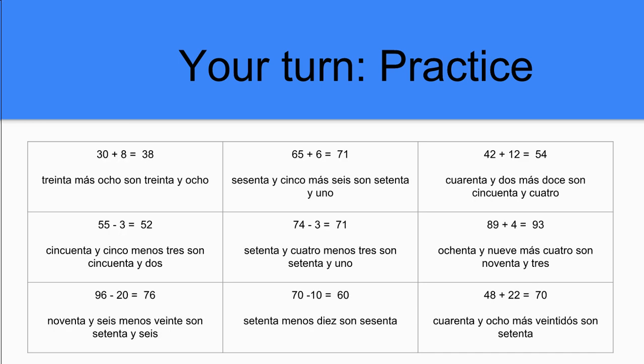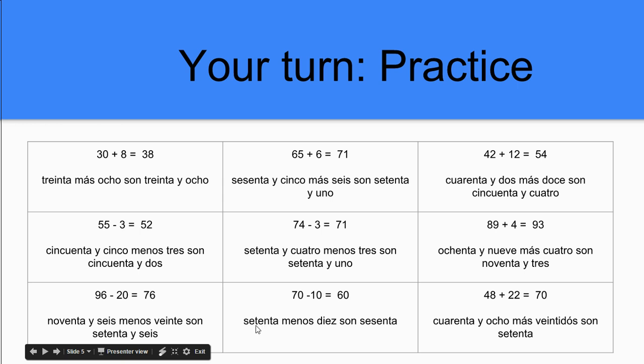Great job. Hopefully you came up with these answers. 30 más 8 son 38. 50 menos 3 son 52. 96 menos 20 son 76. 65 más 6 son 71. 74 menos 3 son 71. 70 menos 10 son 60.